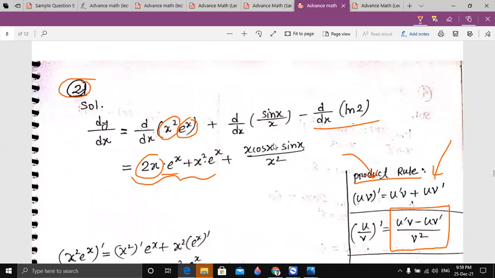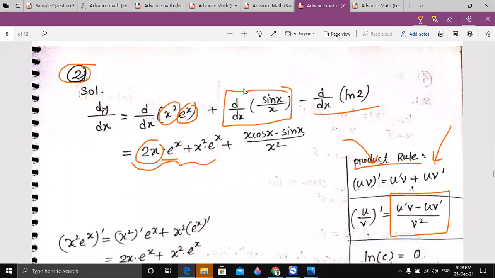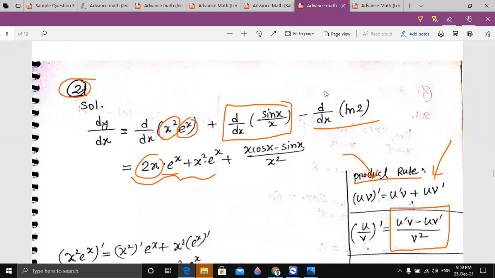Do you still remember? Yes, I do. So here we have minus. We can write it this way, u by v. So d/dx of sin x by x: sin x is u and x is v, okay? So u by v is u derivative v.